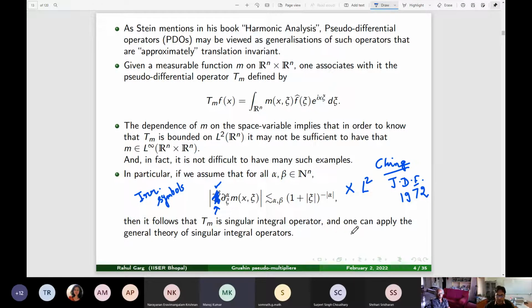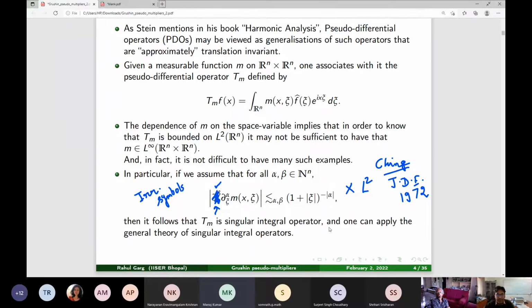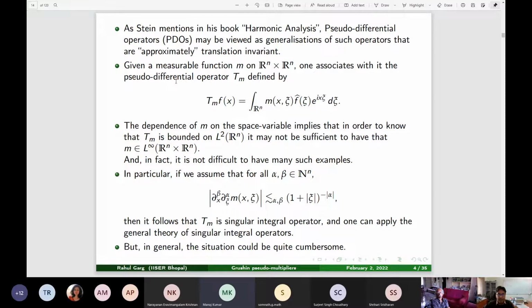Okay. All right. So let me go further. So in general, the situation could be quite cumbersome. When I say in general, what I mean in particular here is if one is not providing the decay as good as: every time you take a derivative, you produce one decay at infinity. Okay, one more comment, just a passing remark.